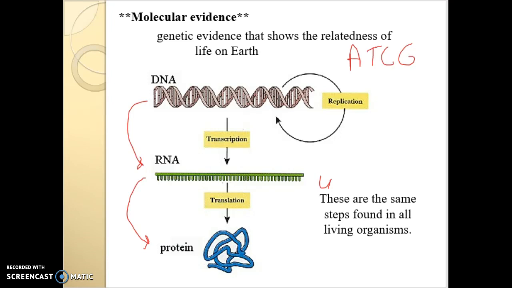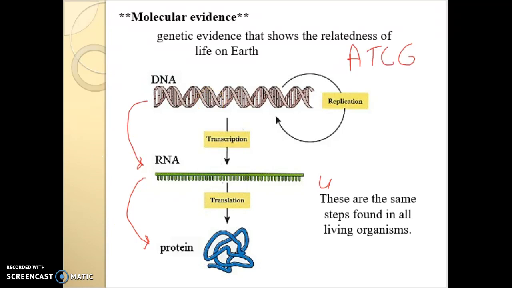But if one ancestral population evolves, and then it evolves into 2 populations, and 3 populations, and 10 populations, and so on, they're all going to use the same basic fundamental stuff and just kind of tweak it a little bit here and a little bit there to be more adaptable. So that molecular evidence is a huge line of support for the theory of evolution.